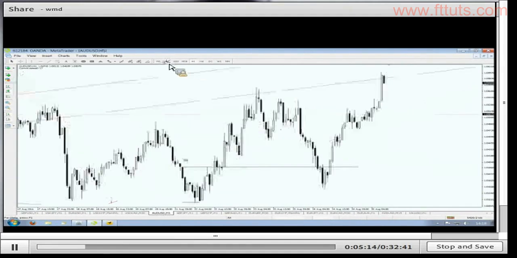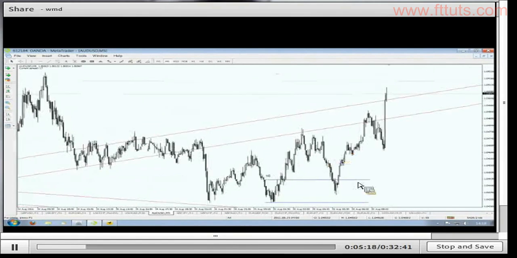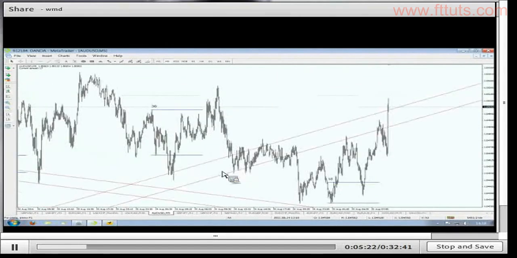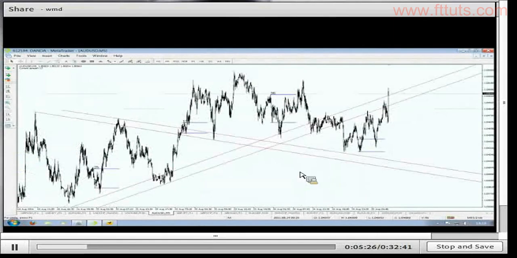So a 15 to 20 pip stop on the retest would have been good enough for you to enter into that trade, right, each time. And each time you could have a possibility to make XYZ number of pips off of that, right?